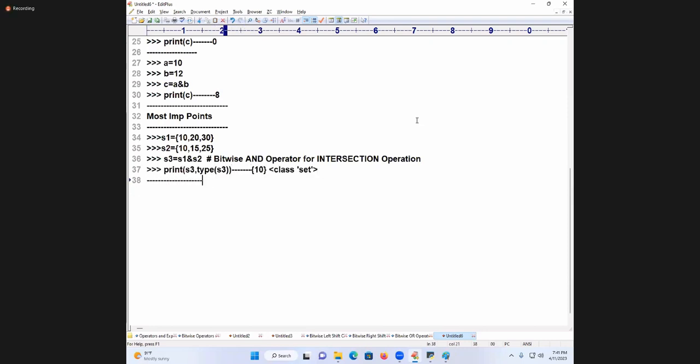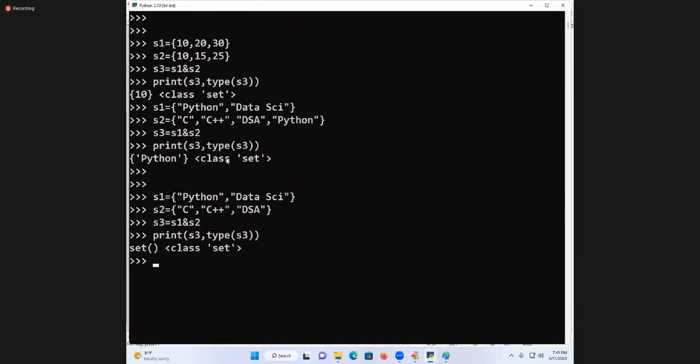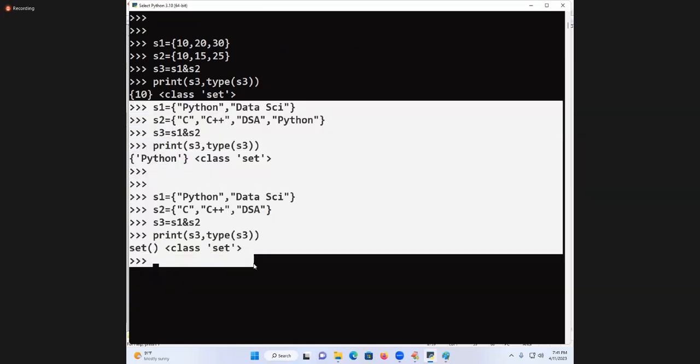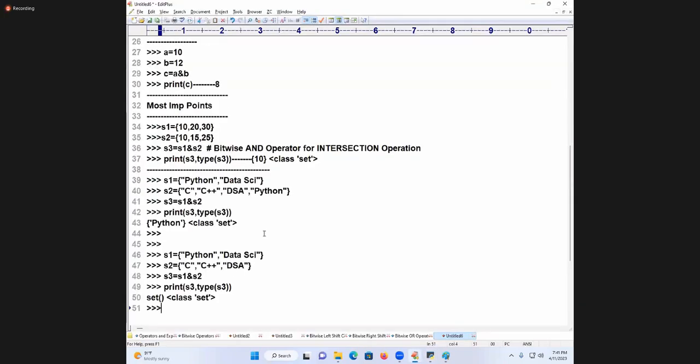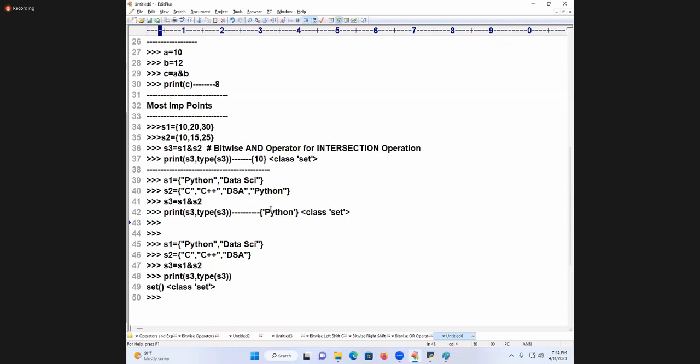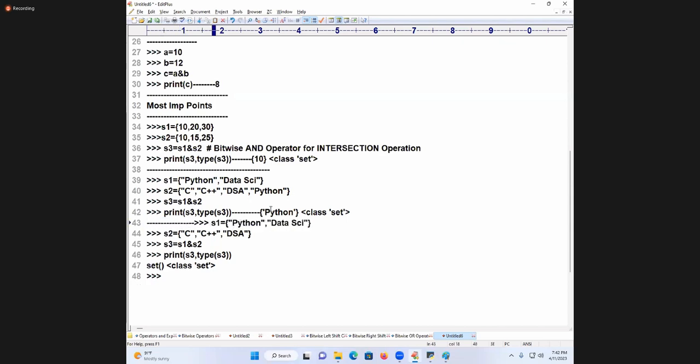Now this value is coming. Next I'll go for one more. This value I will take. Observe now. Got it, this point. S3, in this case, is like this. Now in this place I'll go for what? Empty set S3. So here I will write S3, empty set is here. Are you understanding this bitwise AND operation?